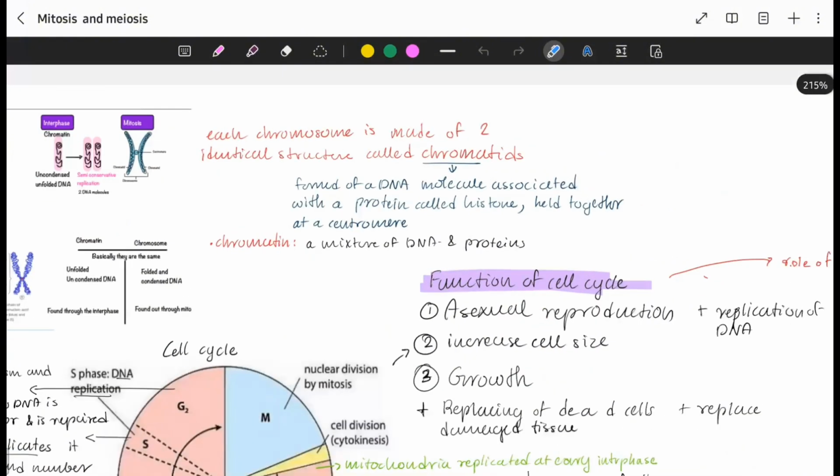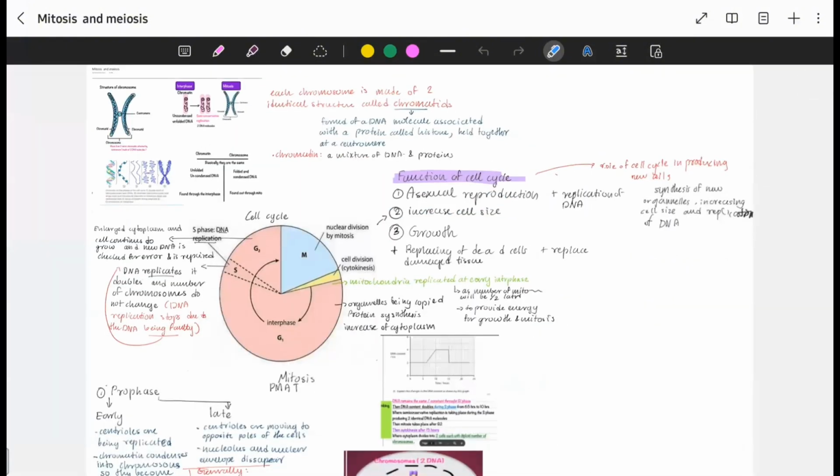Let's go through the cell cycle. We don't have much time. The chromosome is made of two identical DNA double helixes.